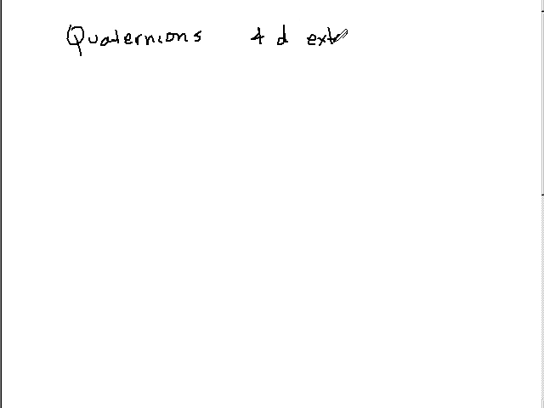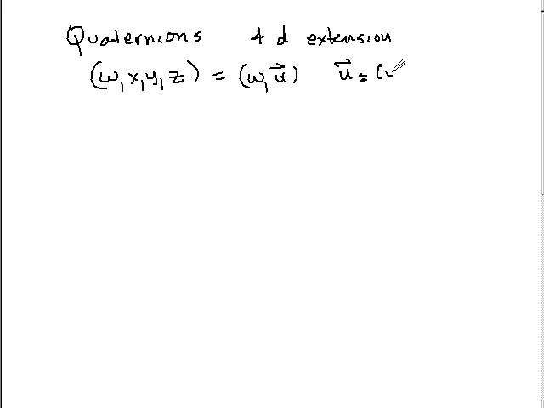So it's essentially W, X, Y, and Z, or you can write this as W times some vector U, where U is X, Y, and Z. And the quaternions have an extension like the following.